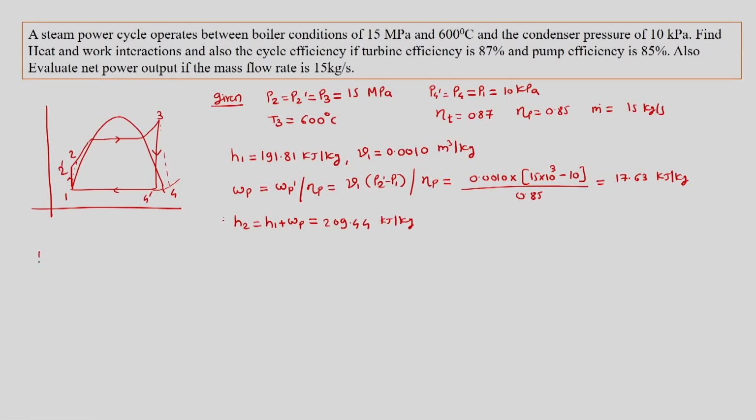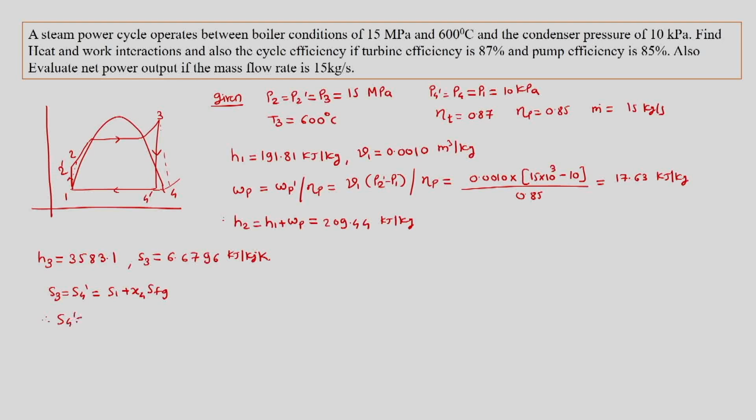Having said this, we can find out H3, which is the superheated enthalpy at 15 megapascal and 600 degrees Celsius, and this is 3583.1. We will immediately note entropy at the same state, and that entropy will be 6.6796 kilojoule per kg Kelvin. So we know that S3 is equal to S4 dash, which is equal to S1 plus X4 into SFG.